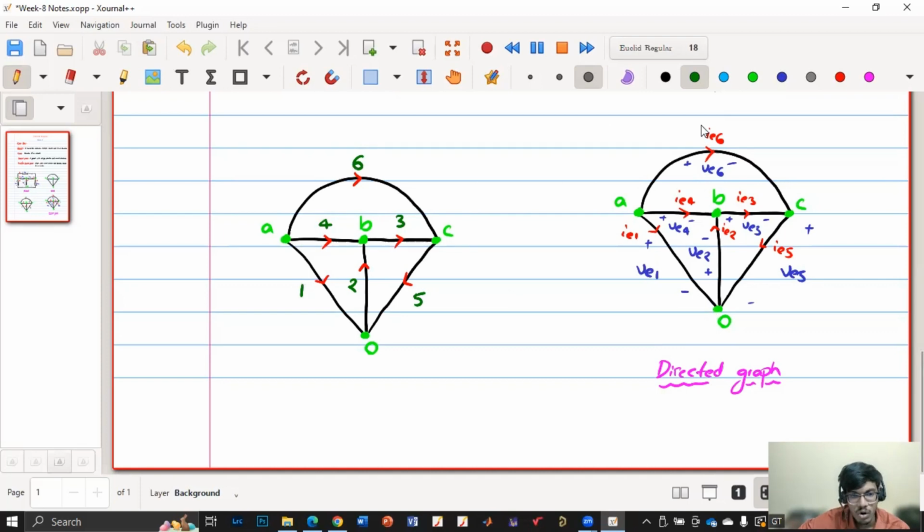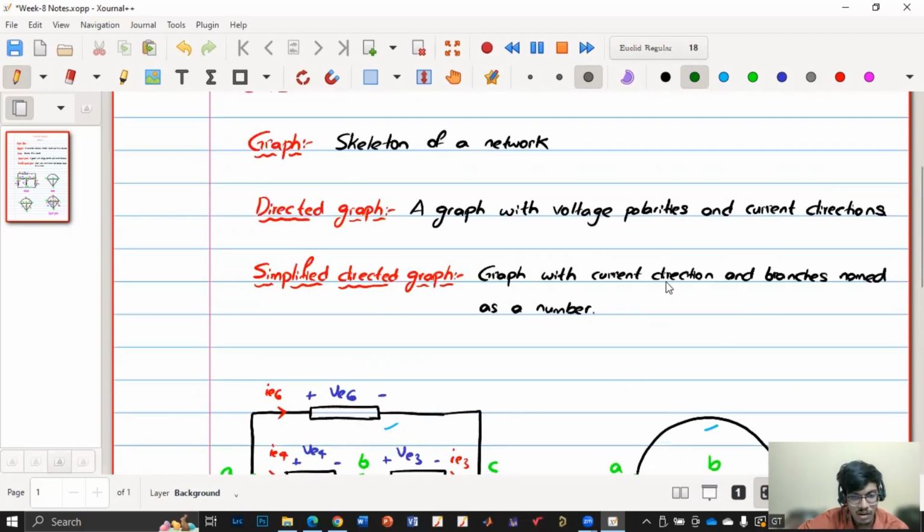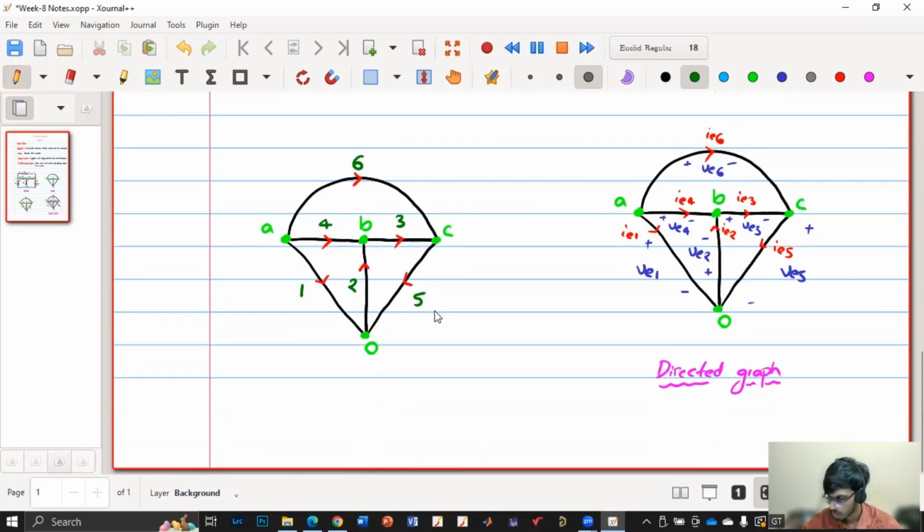So we need not give this entire information in the graph itself. The minimum information needed is the current direction and the branch number. So we can directly get this graph from the other graph. This is the directed graph, and this is the simplified directed graph. A simplified directed graph is a graph with current direction and branches named as numbers.